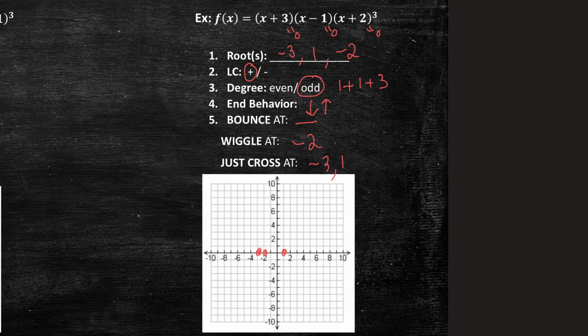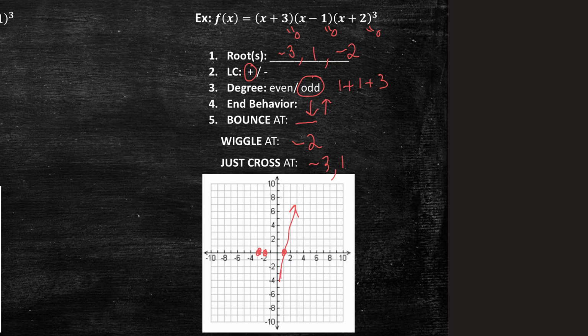Okay, so start by graphing your right side. Your right side is going to go up, and at 1, it's just going to be a cross. So we're going to go up, just straight cross through it. Okay, at negative 2, we're going to have a wiggle.